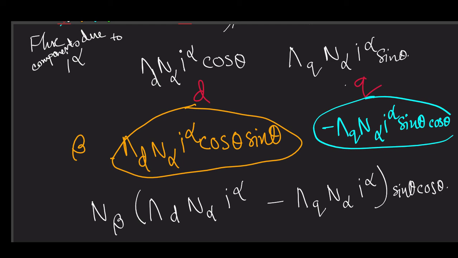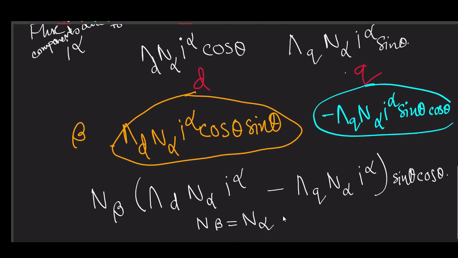So if the winding is balanced, then we can write n beta is equal to n alpha. That means the stator winding is having the same number of turns. So having the same number of turns gives us the flexibility of replacing. We can take this n alpha out and we will get n alpha square, or alternatively you can write n beta square.